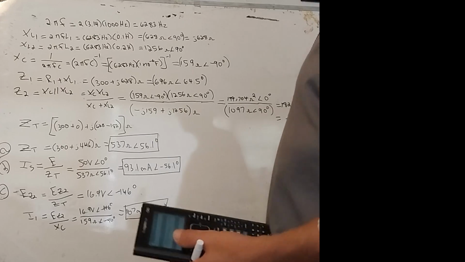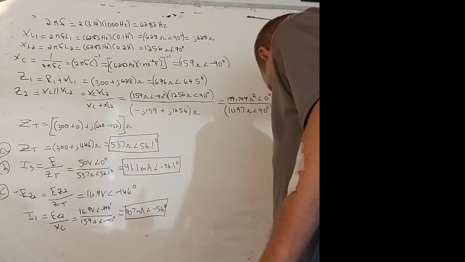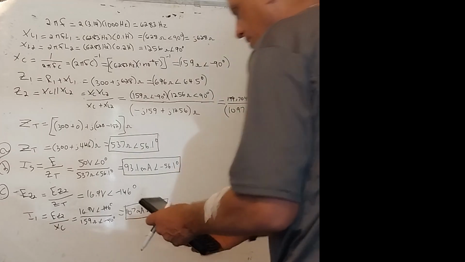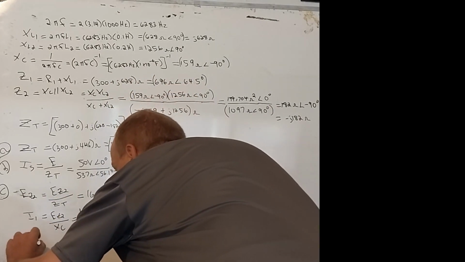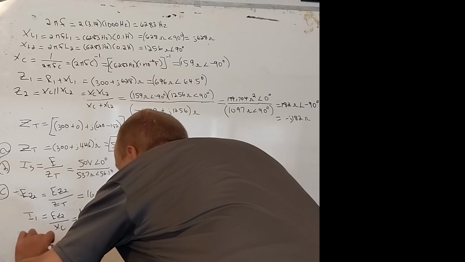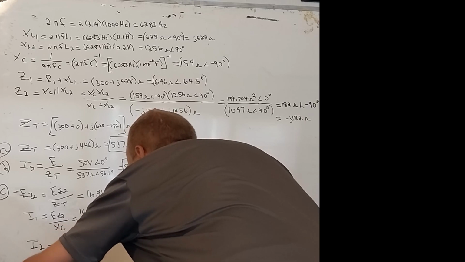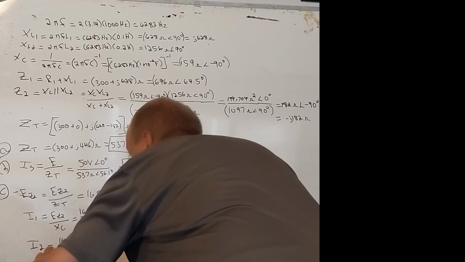So we can find I2, because I2 is the current flowing through V1. And we know what X of L2 is, so let's just do that. We know what this voltage is, so I2 is 16.9 volts at an angle of negative 146 degrees, divided by X of L2.